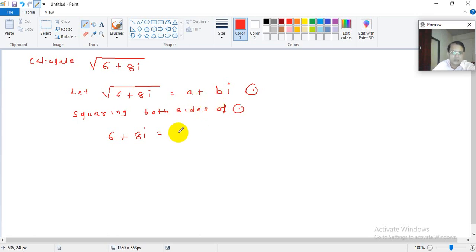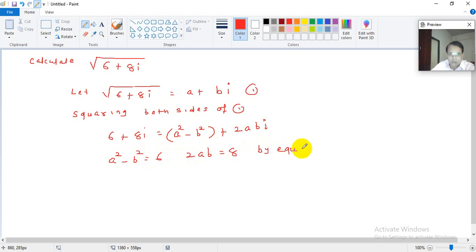Its square is a squared minus b squared, and the middle term will be plus 2abi. So now when you compare real and imaginary parts, a squared minus b squared will be 6 and 2ab will be 8. We can say this here by equality of complex numbers.